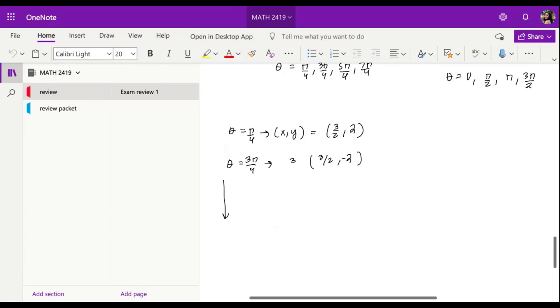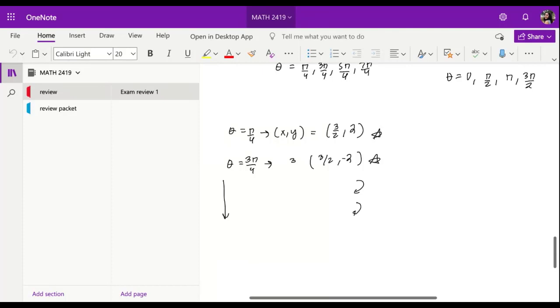Once we figured that out, we know the horizontal tangents will be at points 3/2, 2, and 3/2, negative 2, because when we plug in again, we will get these exact same points for 5π/4 and 7π/4. So we only have to show those two, and we get horizontal tangents at those 2 points.